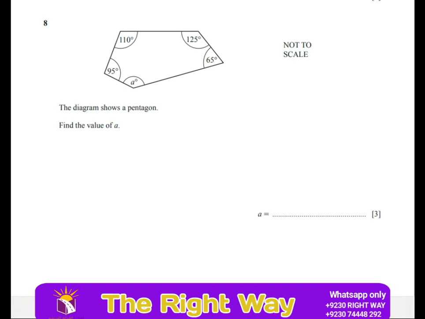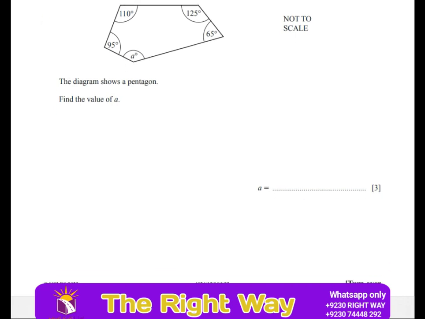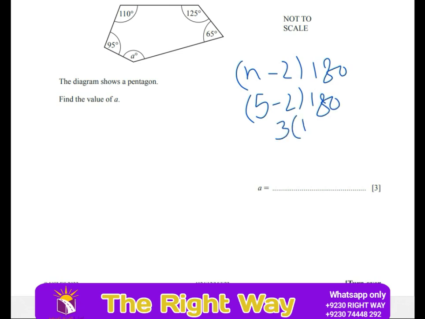Question number 8. The diagram shows a pentagon. Find the value of A. For a pentagon, we have 5 sides, and we know that the sum of angles of the pentagon will be equal to n minus 2 multiply by 180, which is 5 minus 2 multiply by 180, 3 times 180, which will be equal to 540.